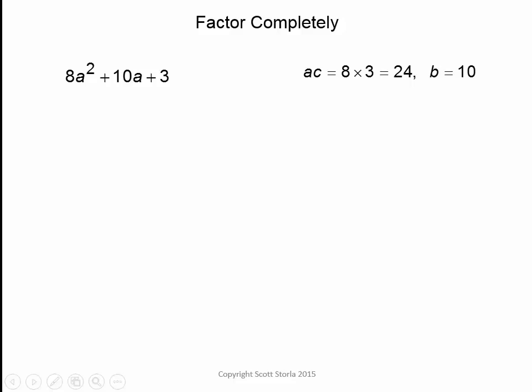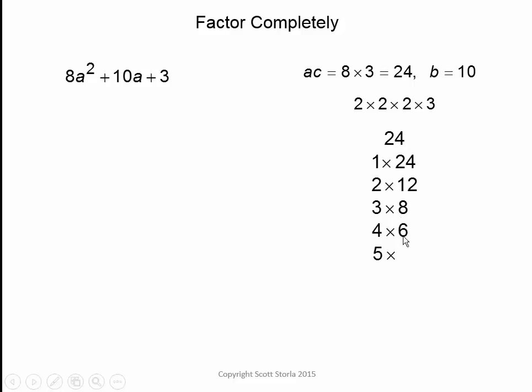Next, I need to find all factor pairs of 24, and again I work off the prime factored form, so here they are. It's 1 times 24, 2 times 12, 3 times 8, 4 times 6, there's no factor of 5, and then I get to 6 times 4, so I'm starting over again, so I can stop.